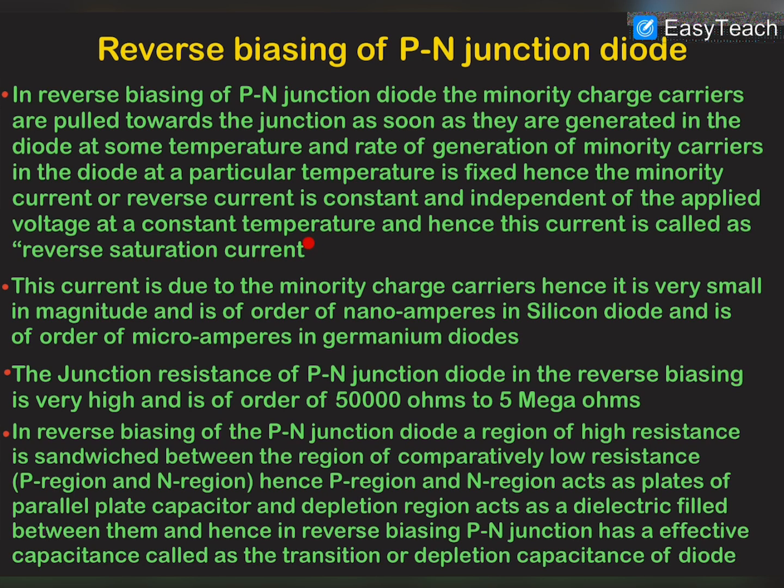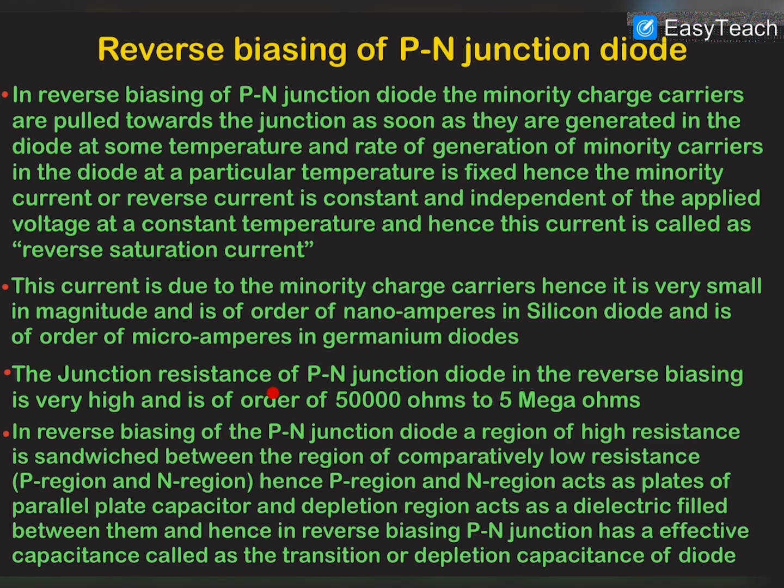In that case, due to the energy of the photons, more electron-hole pairs are generated, and the reverse saturation current is increasing. So this current is due to the minority carriers, and in silicon it is of the order of nanoamperes, and in germanium it is of the order of microamperes.